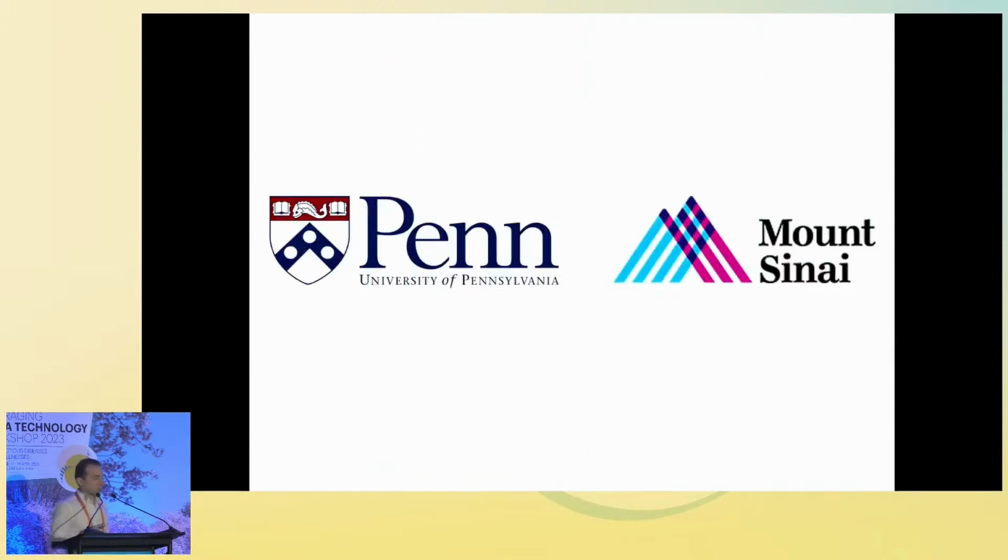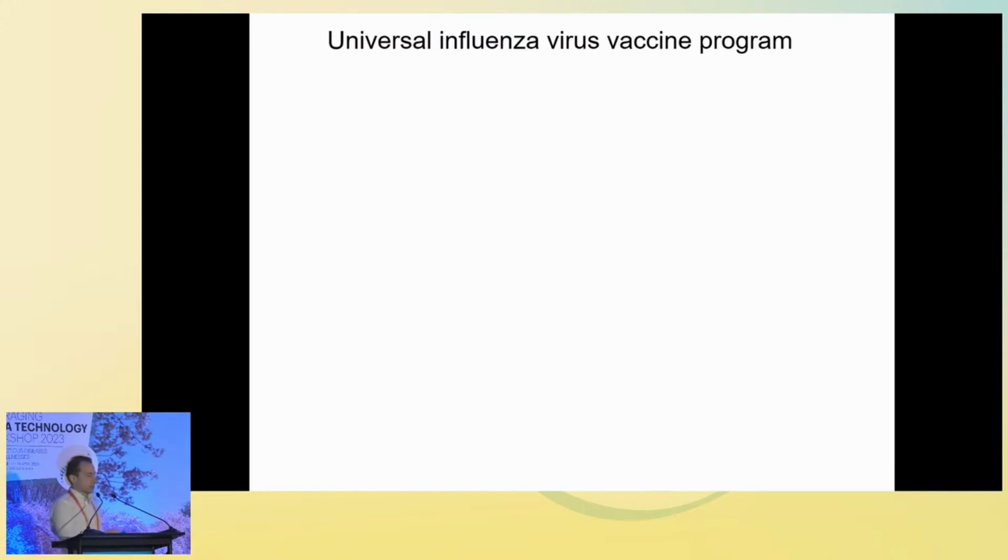So this is an ongoing, very fruitful collaboration between my lab at Penn and several laboratories at the Icahn School of Medicine at Mount Sinai. The overall goal of this research project is to develop a vaccine that protects against influenza A and influenza B viruses, because they are responsible for human infections. And we broke this up into 4 different projects.